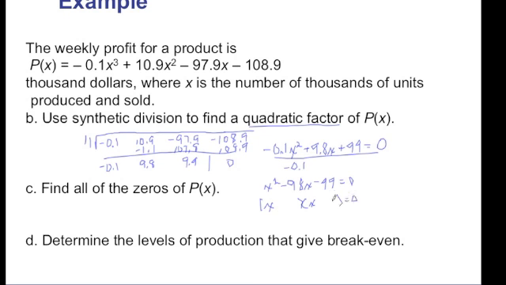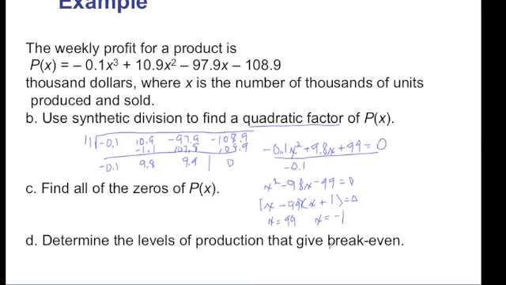Signs are different, and one positive, difference of 98. How about a negative 99 and a positive 1? So x equals 99, or x equals negative 1.